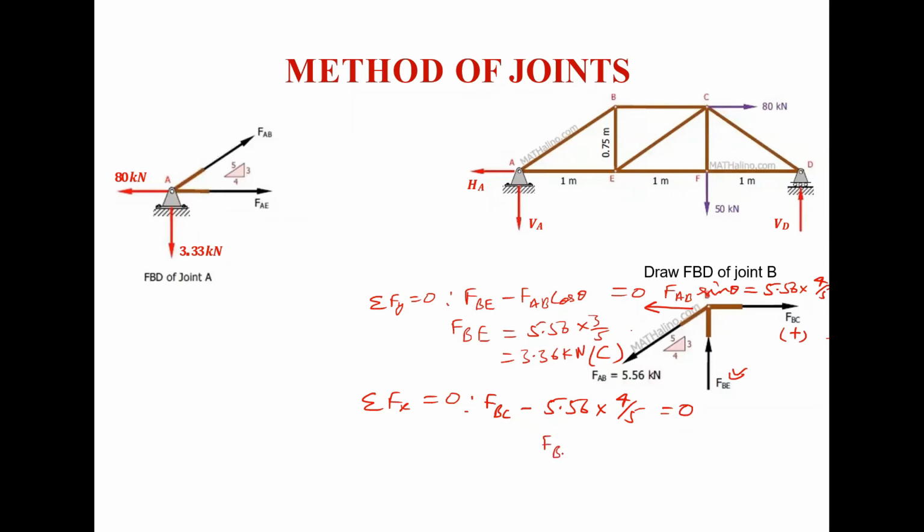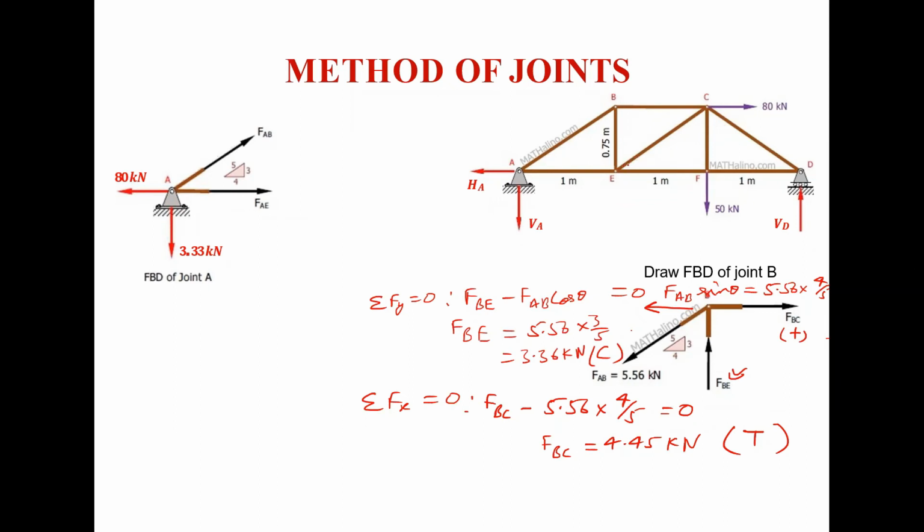That means FBC is equal to 4.45 kilonewton. Positive, so will the nature of this FBC be compressive or tensile? Tensile. Tensile, perfect, because we are getting a positive sign, that means our assumed direction is correct, so we have written tensile over here.